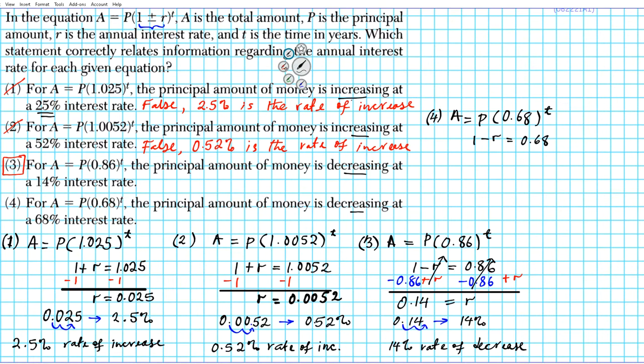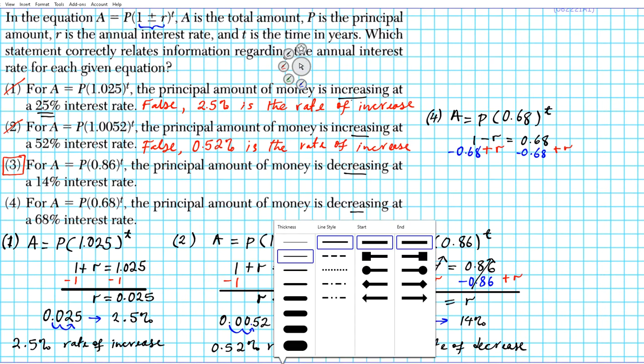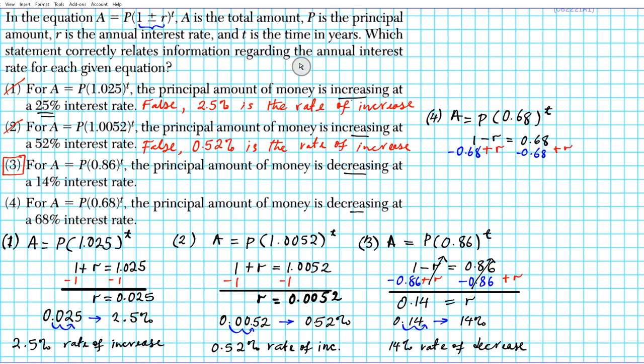To get r by itself, we're going to add r to both sides, and then subtract 0.68. There are other ways to do this, but I just want to use addition and subtraction. When we do that, that will give us r isolated completely. So 1 minus 0.68 is 0.32.